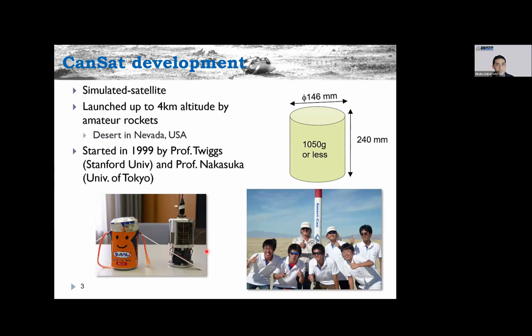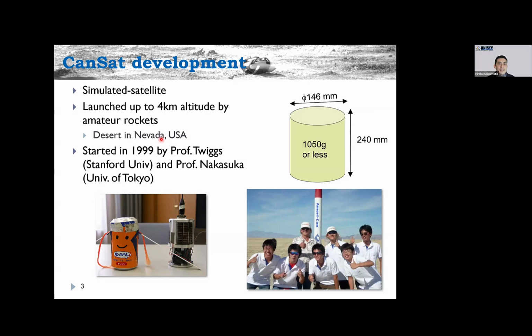And I believe CANSAT, simulated satellite, is one of the best materials for students to study systems engineering. So I will just briefly talk about how I teach systems engineering to students in Japan.